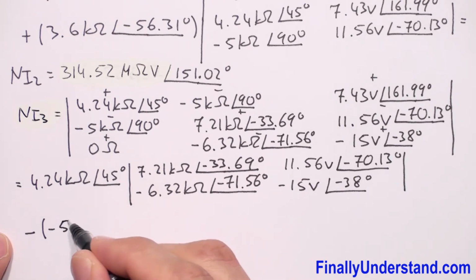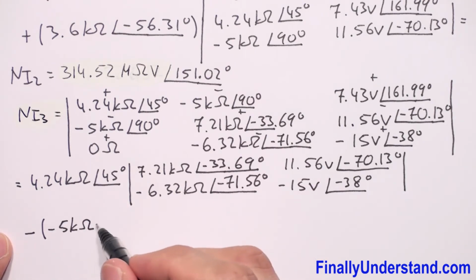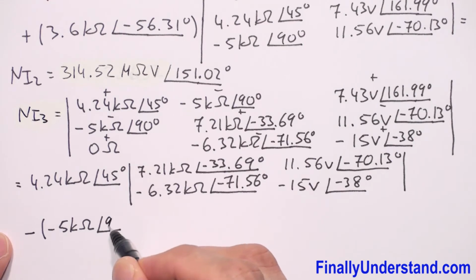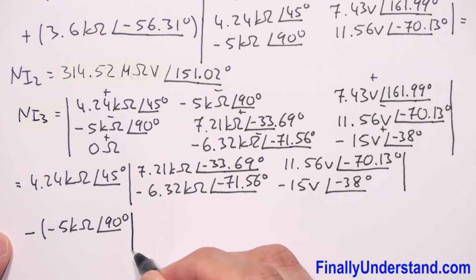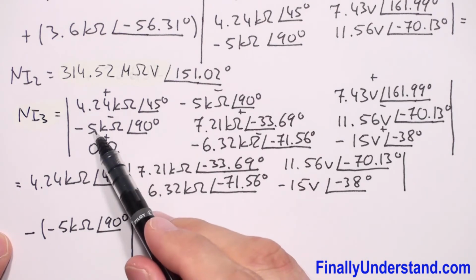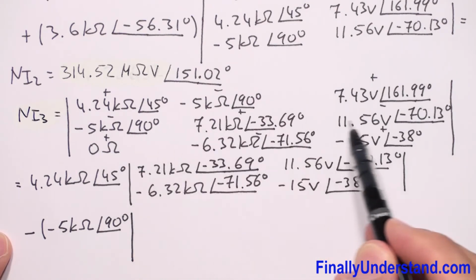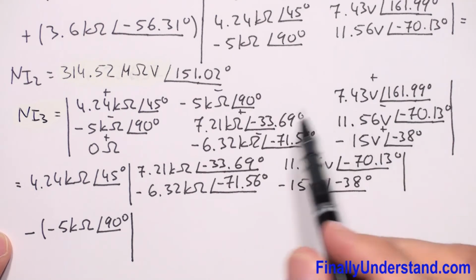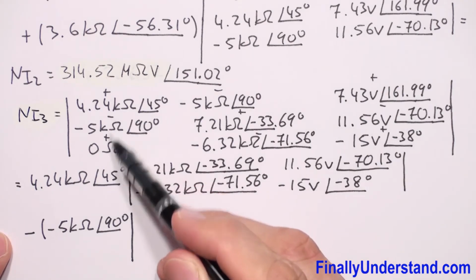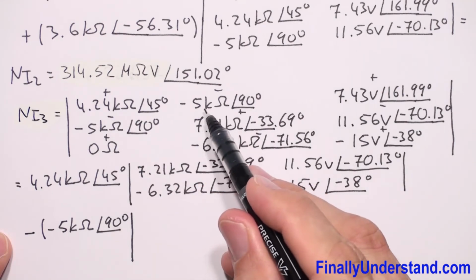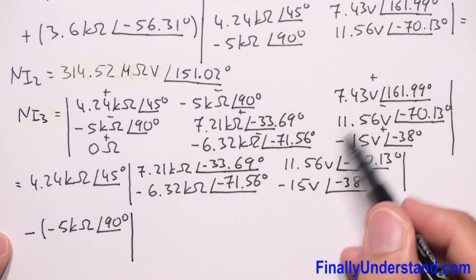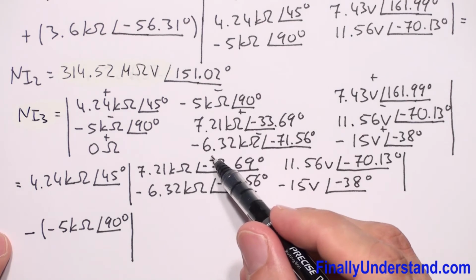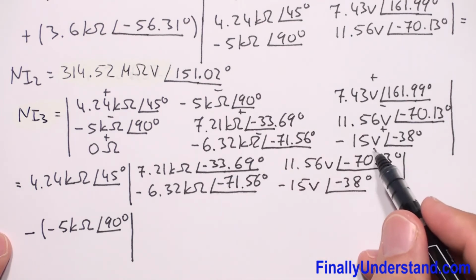So I have 5 kilo ohms and angle of 90 degrees times, keep in mind that I cannot use anything else from this row and the first column, so I'm supposed to simply copy down these 4 values: 5K, 7.43 volts, negative 6.32K, and 15 volts.